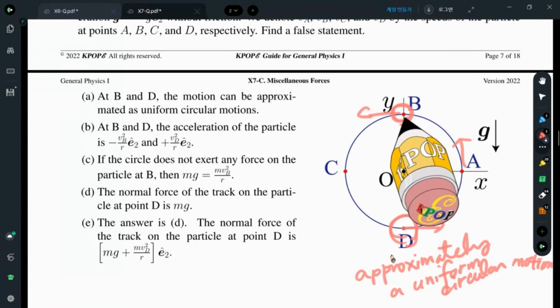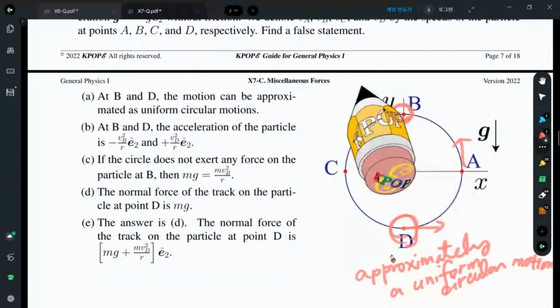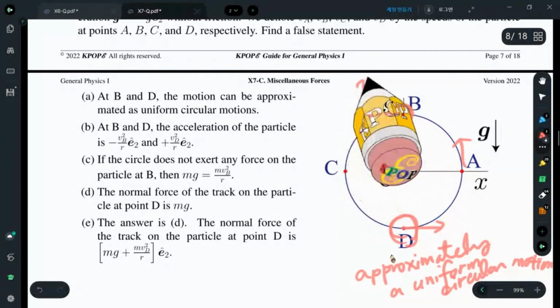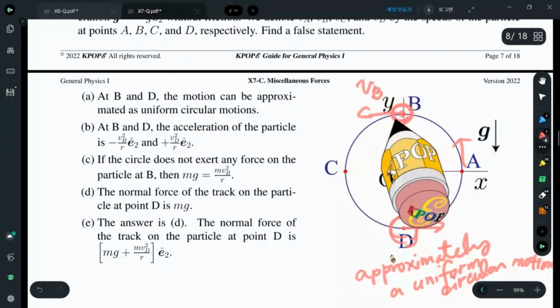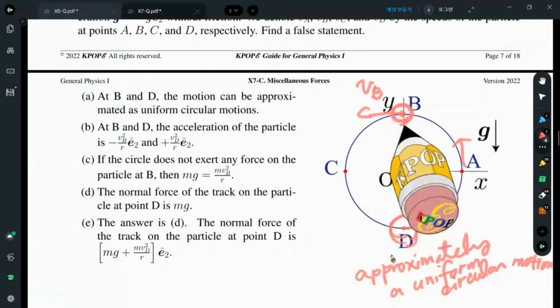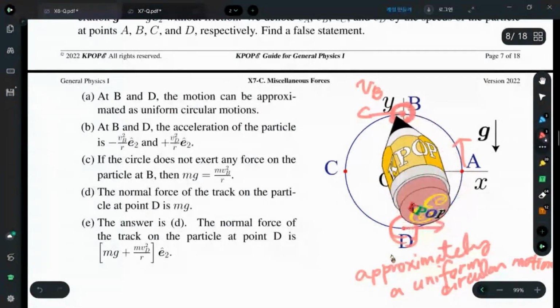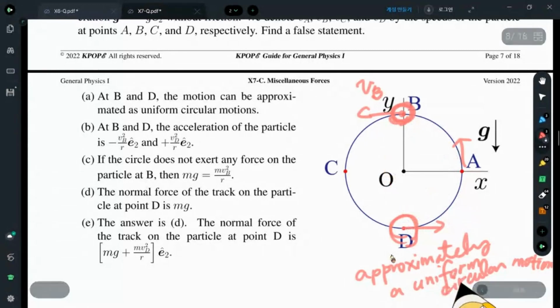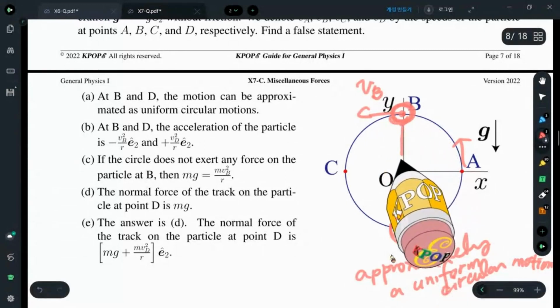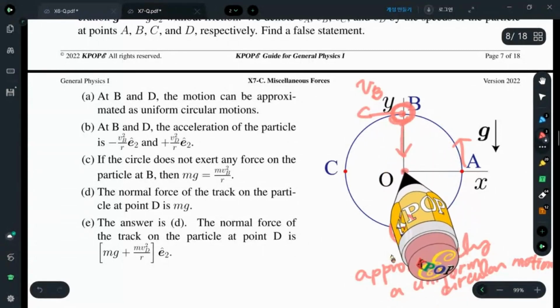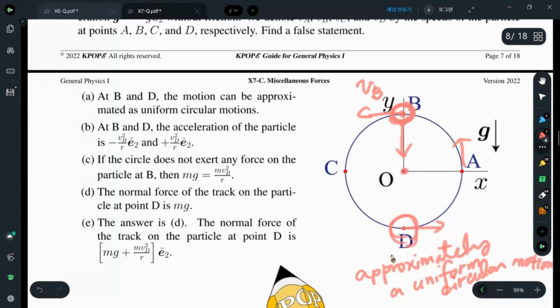You will find in here, suppose that you know what the speed at point B is. In that case, you can make an approximation of a uniform circular motion, where the net force is toward the center and the magnitude is m v_B squared over r.